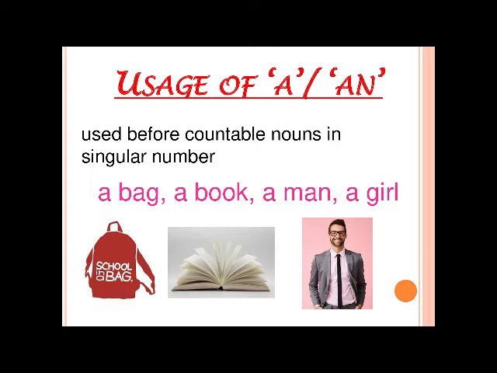And these are only used with nouns in singular number. It means if I have more than one noun, if my noun is plural, if my noun is referring to plural number, then I won't use a or an. Here are the examples: a bag, a book, a man, a girl.